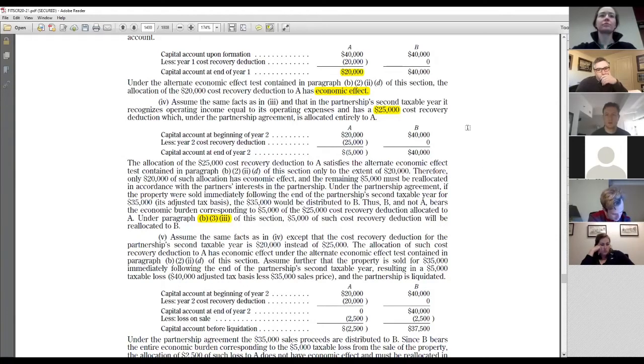Okay, I'm not hearing or seeing any questions. All right, we'll go to 5. In 5, it's the same fact pattern, except the year 2 depreciation is 20, and then we sell in year 3 for 35,000.